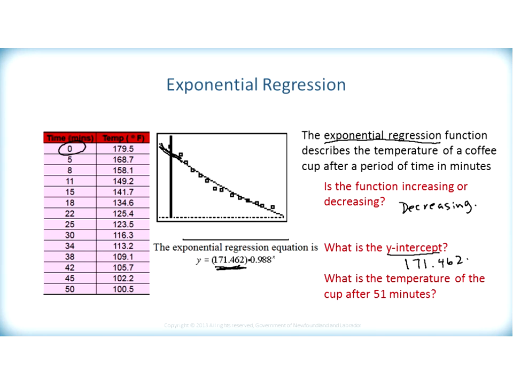It says, what is the temperature of the cup after 51 minutes? Therefore we will replace x with 51, and this will give us 92.634 degrees Fahrenheit.